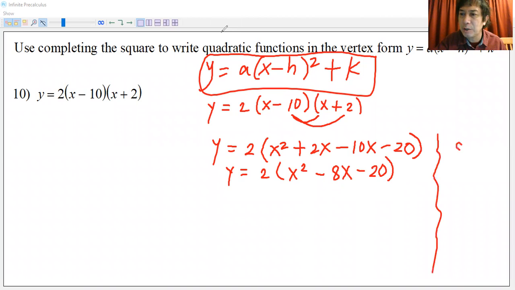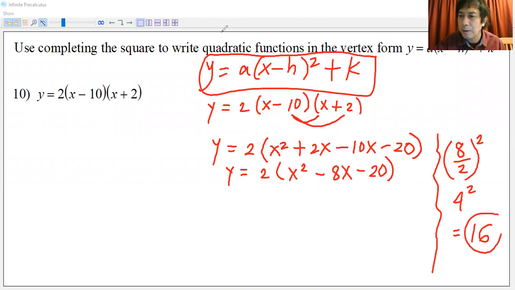So we start with the 8. Regardless of the sign, you divide it by 2. After dividing by 2, we will have to square it. 8 divided by 2 is 4. 4 squared is 16. Okay, our number is 16. We will have to insert that after the 8x.